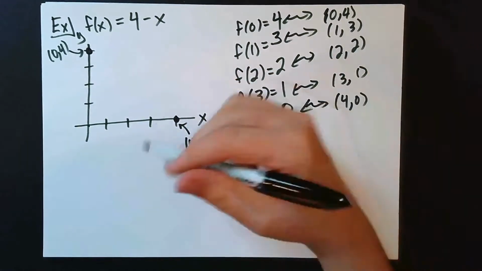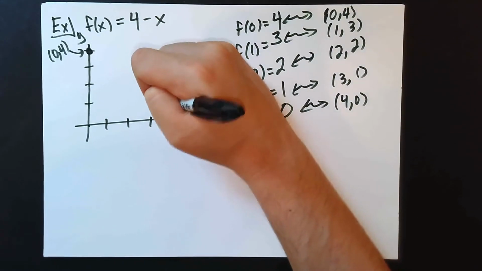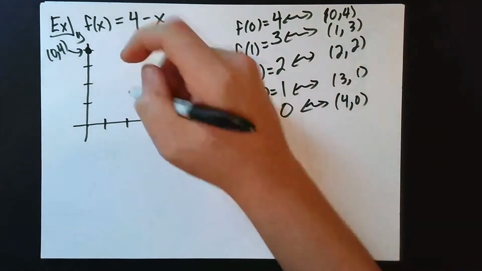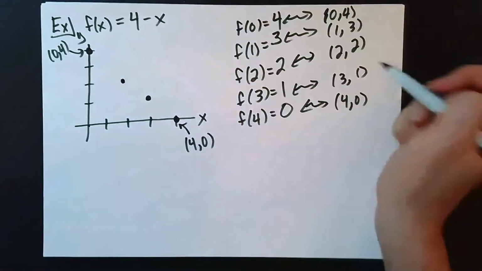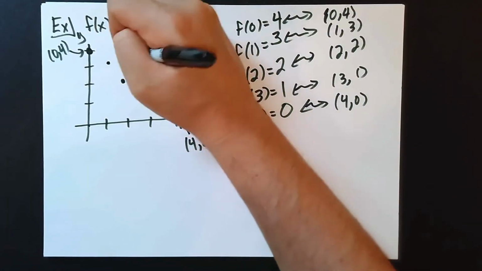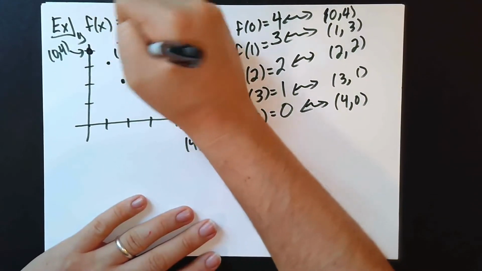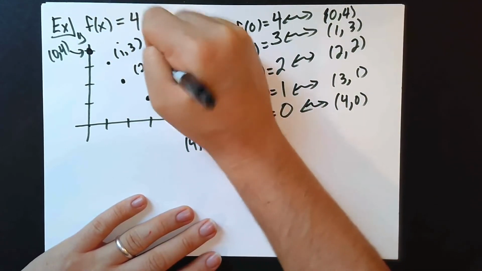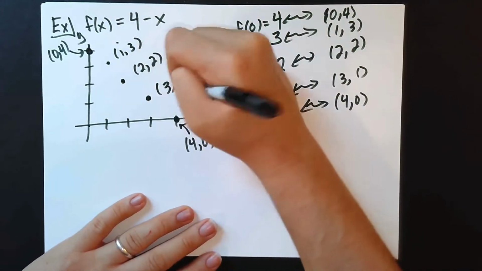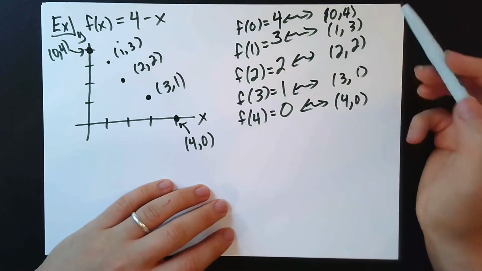Okay, and I can fill in the others too. There is (3, 1), there is (2, 2), there is (1, 3). All of these points are on the graph of this function precisely because they all correspond to these input-output pairs.